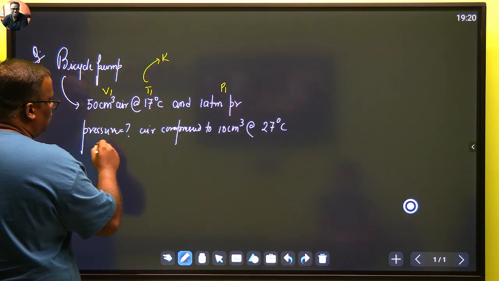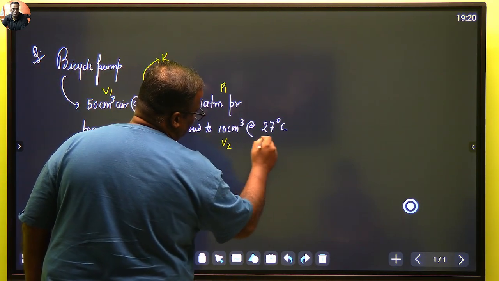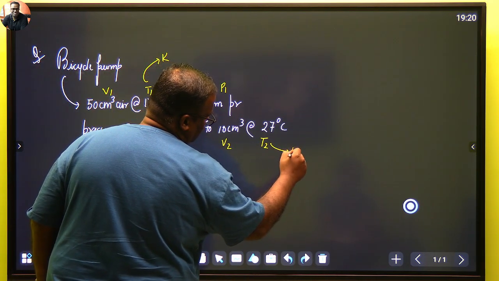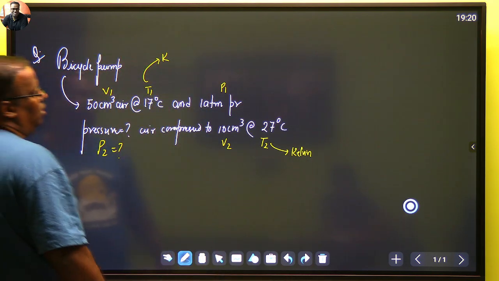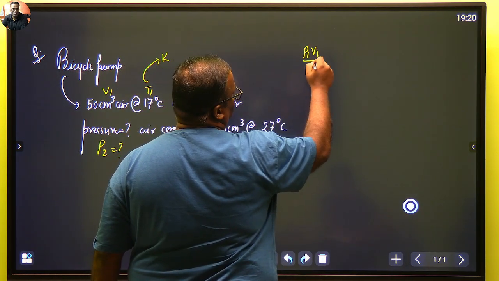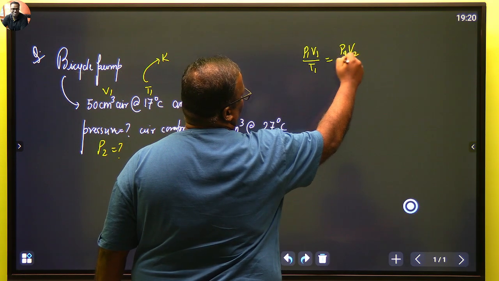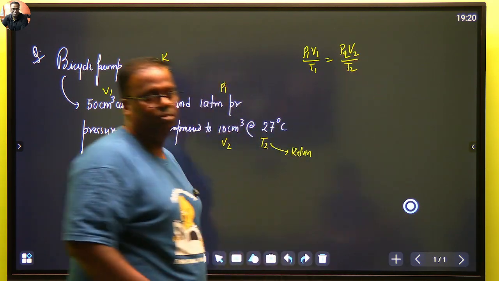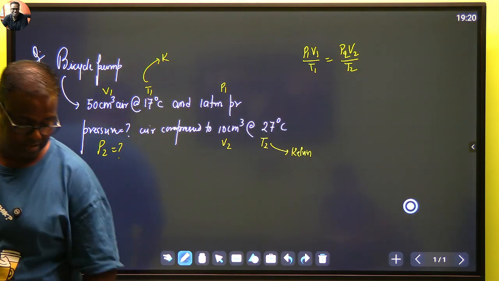You do not know what is P2, and you know the volume V2, you know the temperature T2, but this has to be in Kelvin. Okay, remember that. Now the law that connects it is P1V1/T1 = P2V2/T2. Do it in proper way and get the answer.